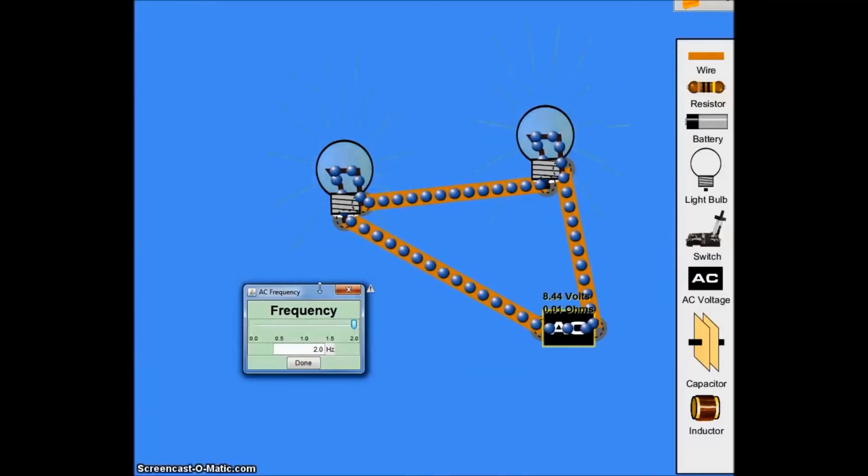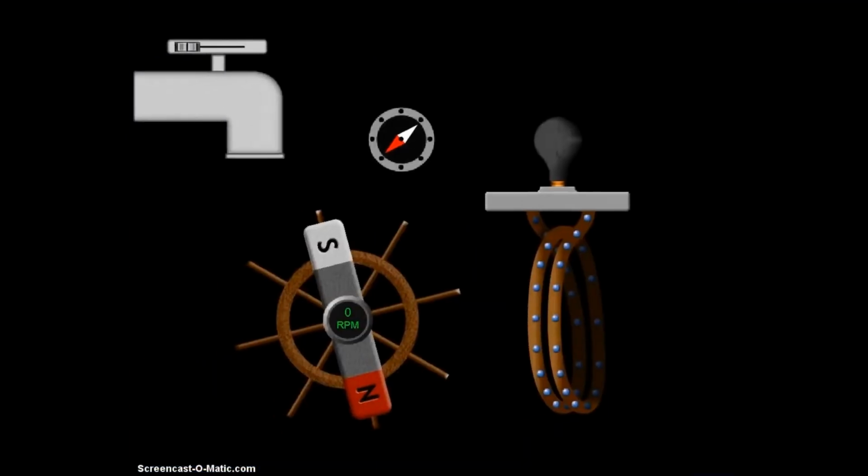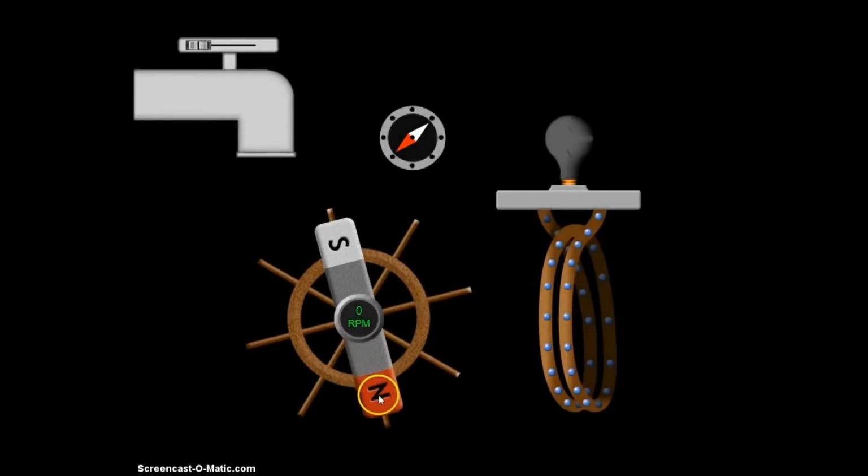So we're going to jump to another program in a second, but I'm going to show you how this is done. And we can remember that like forces repel each other, electrons repel electrons, and opposite forces attract each other. So we've been talking about magnets a little bit, and alternating current is made with very big magnets moving very quickly. And we're going to go to our program over here. And this is a magnet right here, North Pole, South Pole.